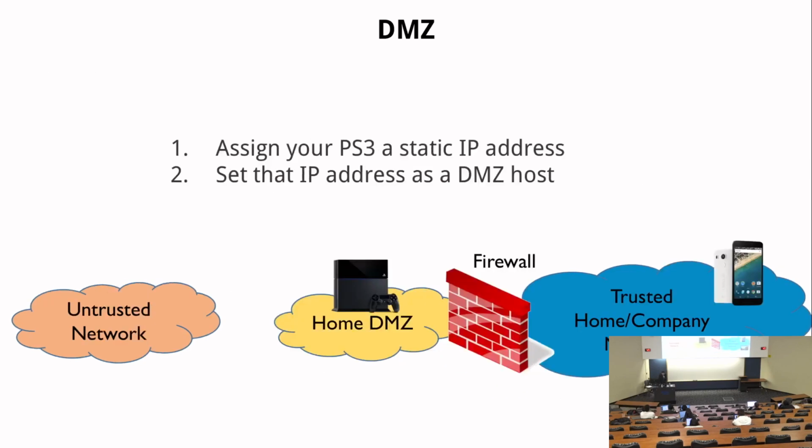Then how do you make this work? You set up the DMZ, and in that DMZ, you use different firewall policies. You get the IP address of your PlayStation. Usually you assign it a static IP address, or you can also do a dynamic one anyway.